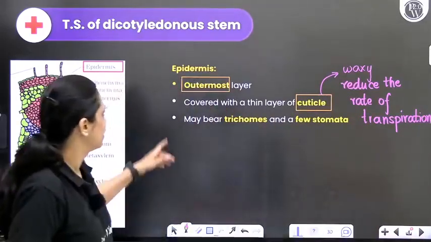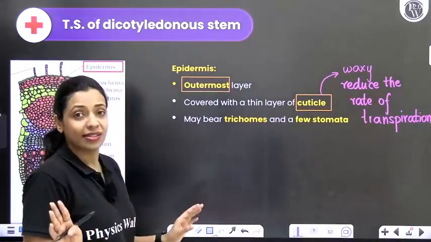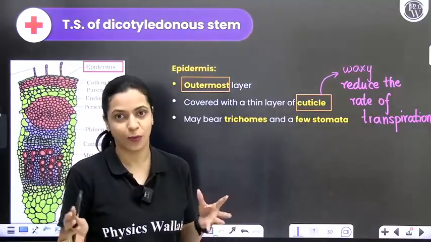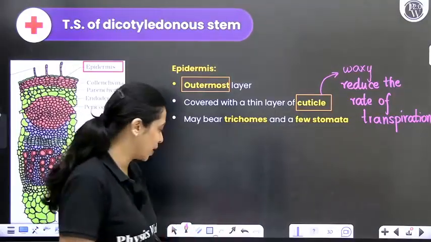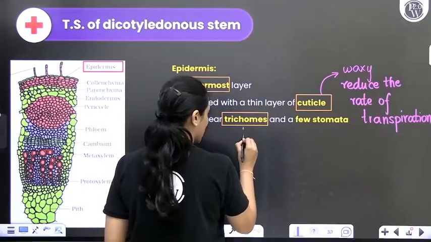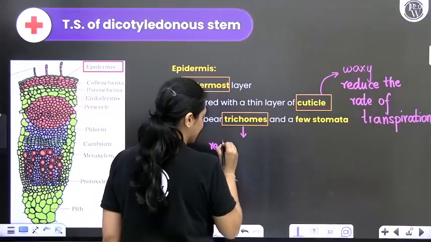Next. In all stems, hair will not be present. In some stems, it may be present, hair and stomata both. If hair are present, we call them trichomes. What do these trichomes help in? Trichomes also reduce the rate of transpiration.